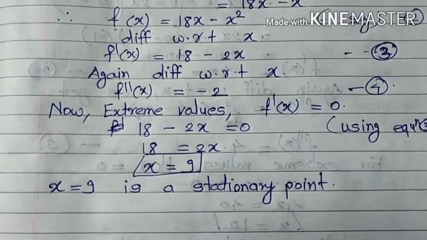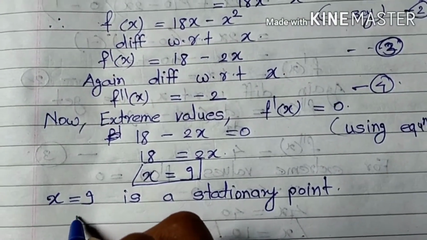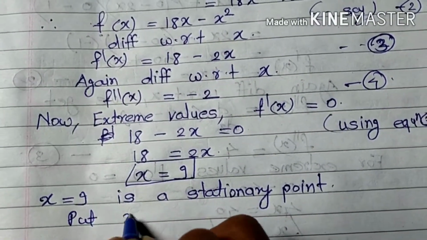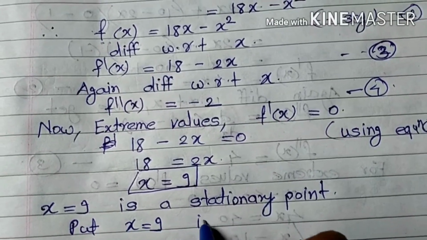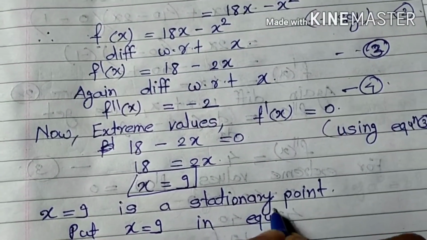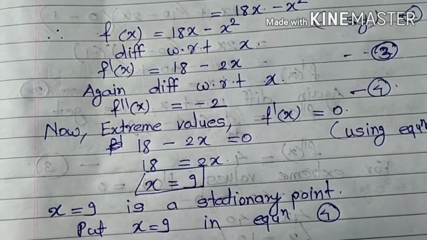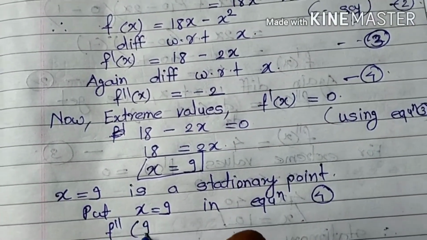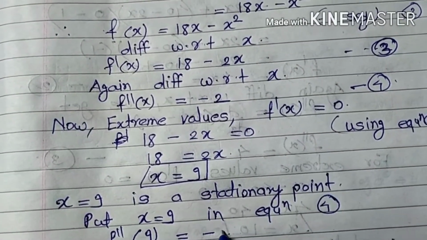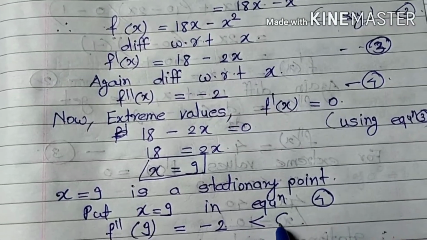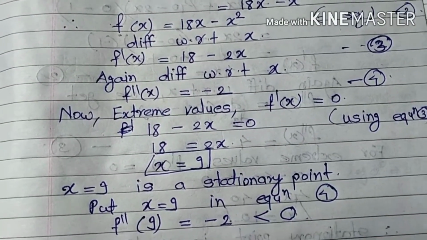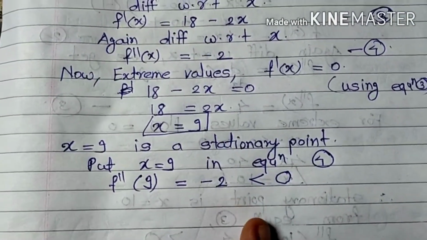Put x equal to 9 in equation 4. In equation 4, we get f double dash of 9 is equal to minus 2, which is less than 0.